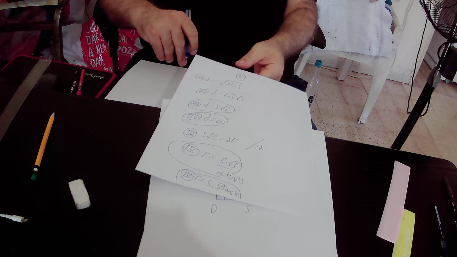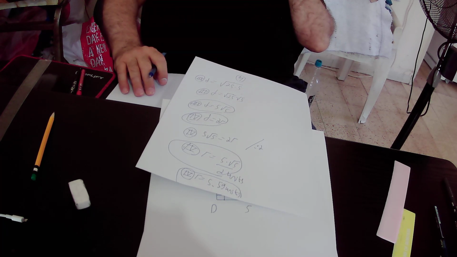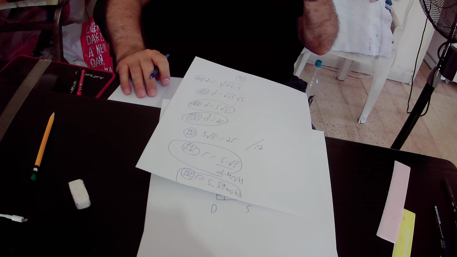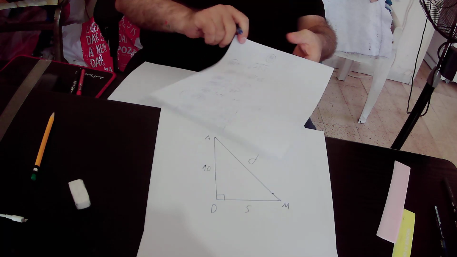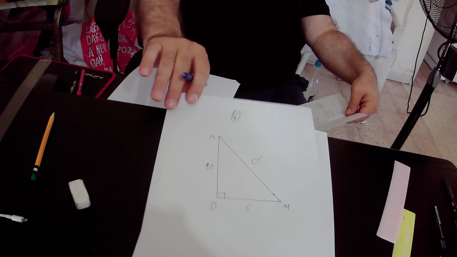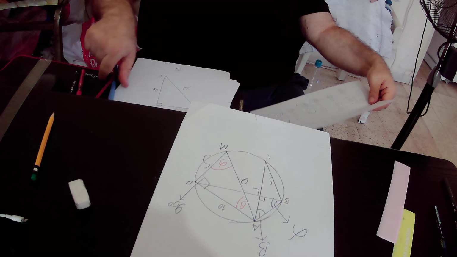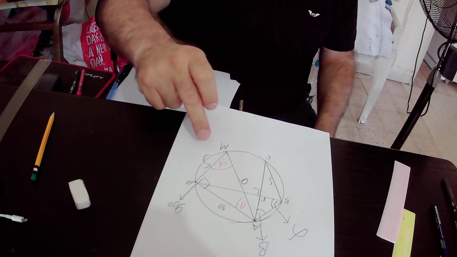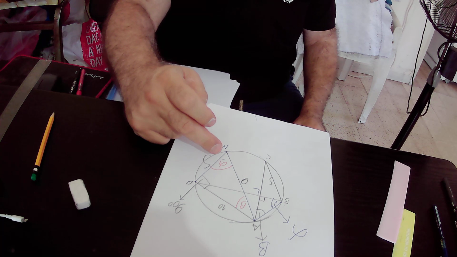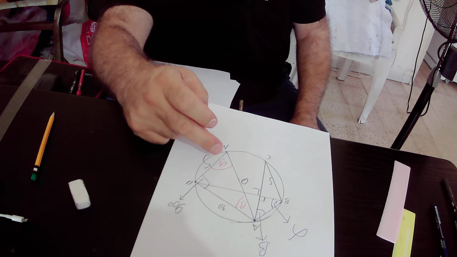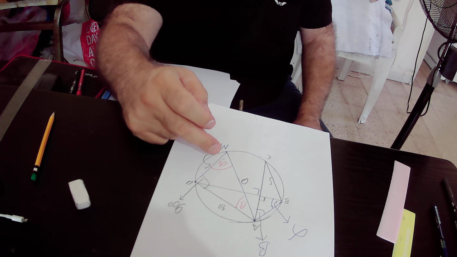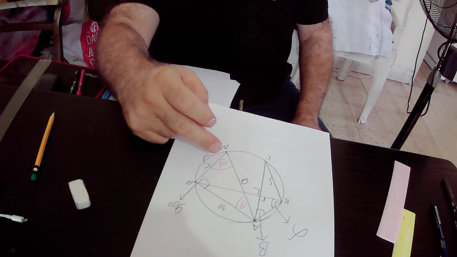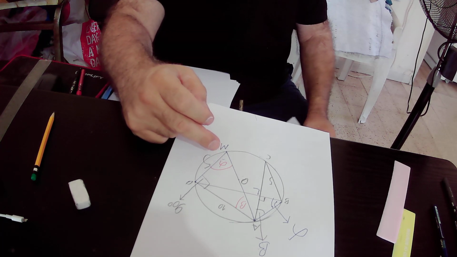Or the radius equals 5.59 units, or we can also say that the radius of the circle equals 5 times root 5 over 2 units. Okay, so actually that is the answer to the question, that the radius of this circle equals 5.59 units, so it equals 5 times root 5 over 2 units.